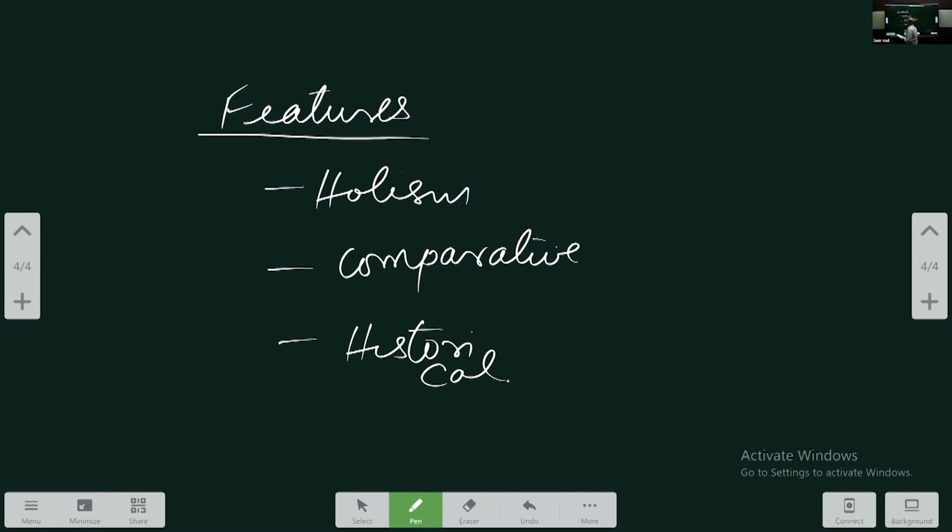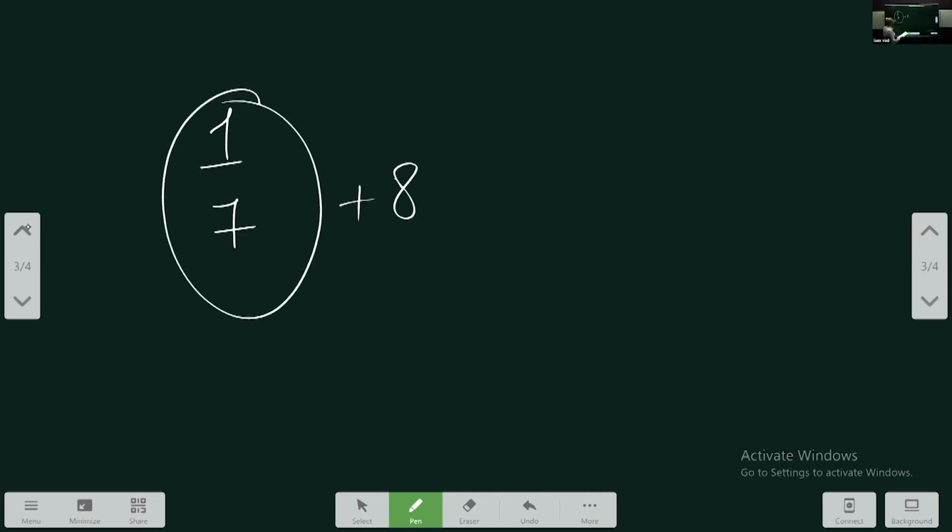And also fieldwork. These are the things that set anthropology apart from every other area. So define it, discuss the features, and take any major branch. Generally try to take the major branches such as sociocultural or biological, and talk about each branch, what are its sub areas, and what is its scope, what are its applications, and what is its relevance. That's all. That is how you can discuss 8.